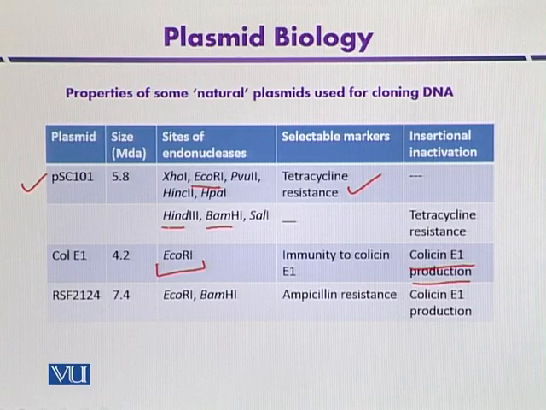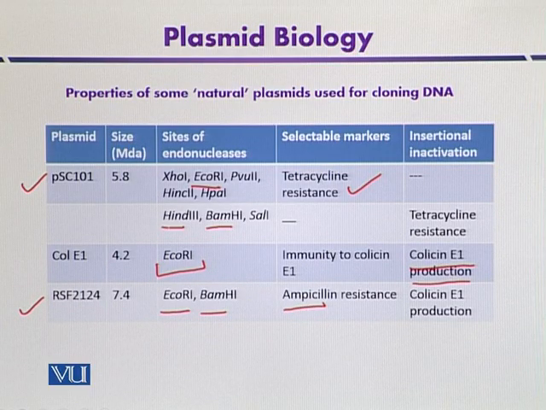The last example is a derivative of the ColE1 plasmid, RSF2124. It carries restriction sites for EcoRI and BamHI, and it contains an additional transposon that can mediate ampicillin resistance.